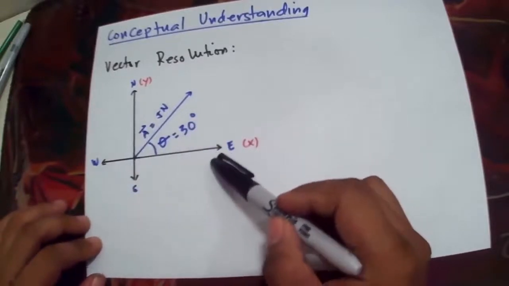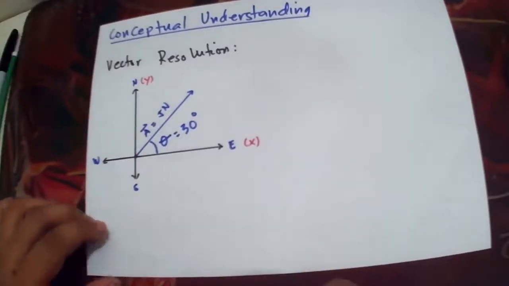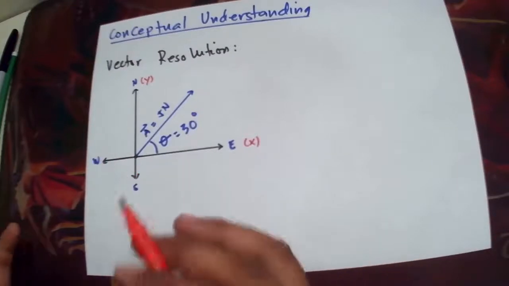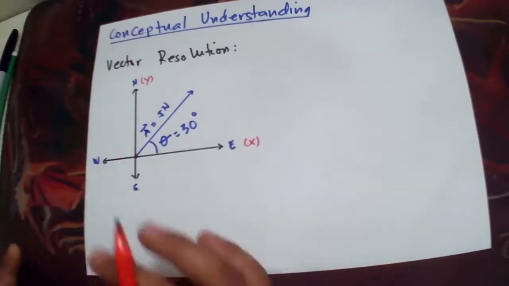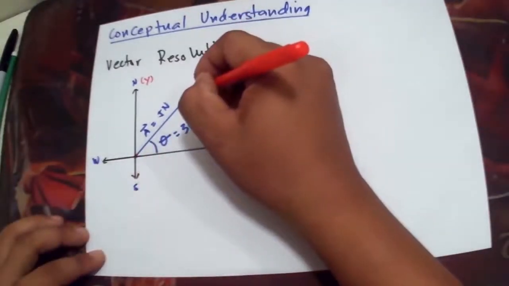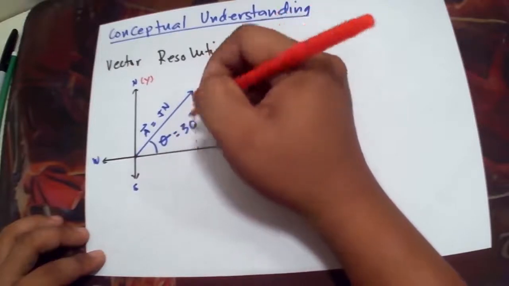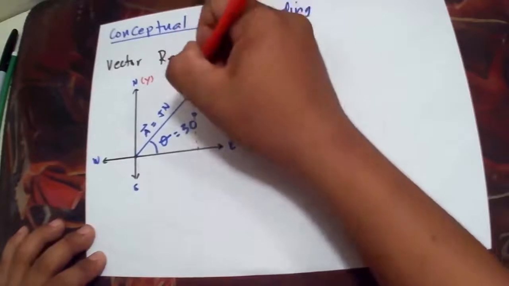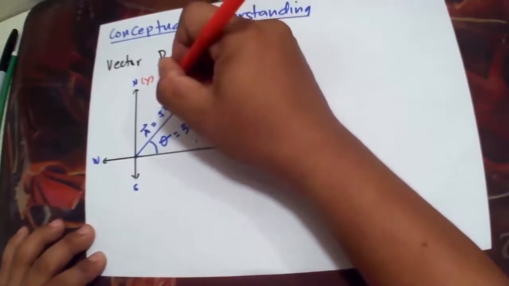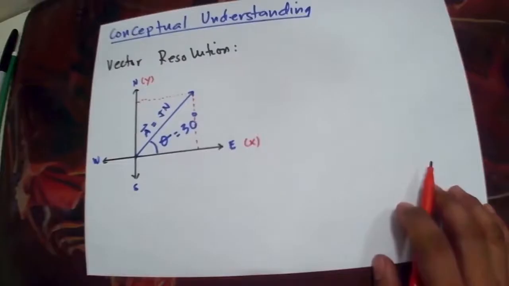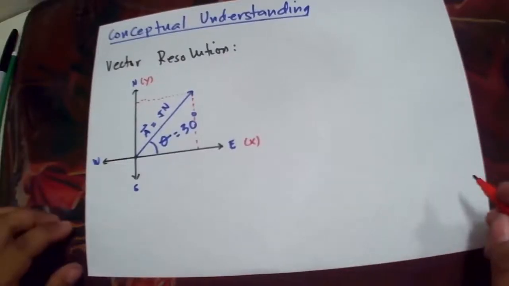To do that, let us draw an imaginary line so that we can indicate the component of this vector, either in x or in y. First, I'm going to draw a simple imaginary line that represents the vertical component of our vector, and we can also draw an imaginary line to represent the horizontal component of our vector.